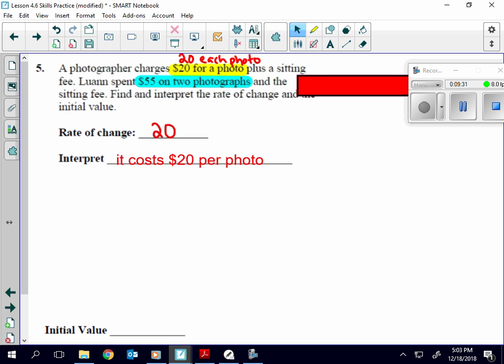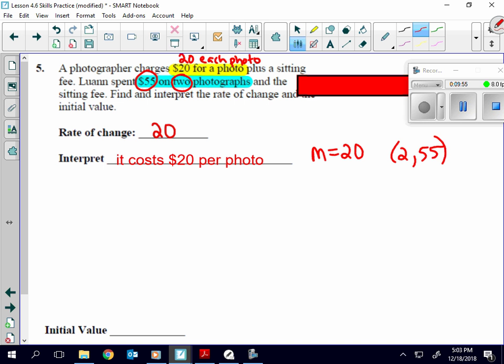Let's work on the y-intercept. So we know m is 20, and we know a point. We know $55 is what it costs for 2 photographs, and this one's a little confusing. That's why I wanted to do it with you. This is actually (2, 55).